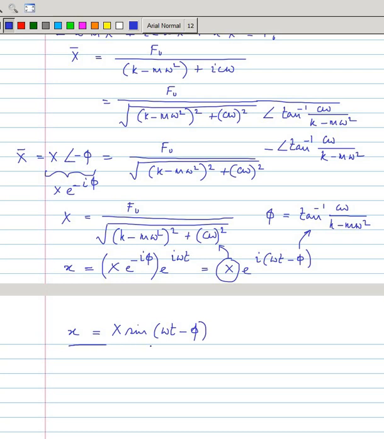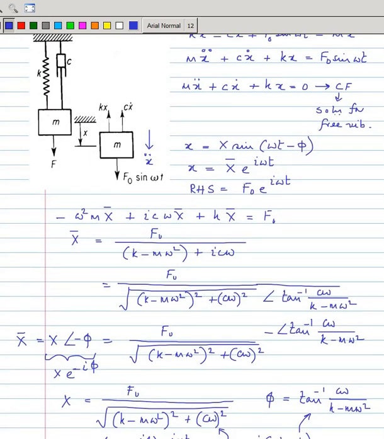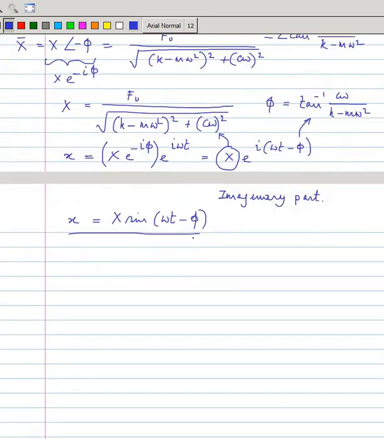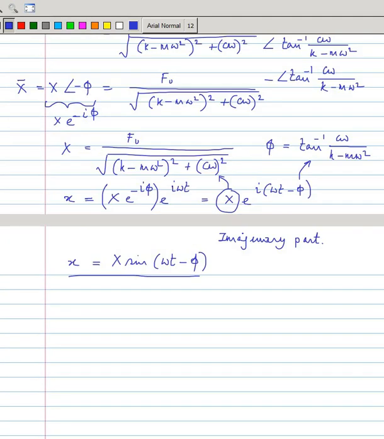This is the solution, because you have to take the imaginary part. Because you have already assumed that the forcing function is the imaginary part of this, so also you have to take the imaginary part of the solution, where capital X is this and phi is this.